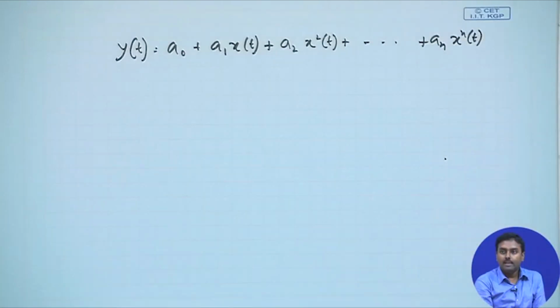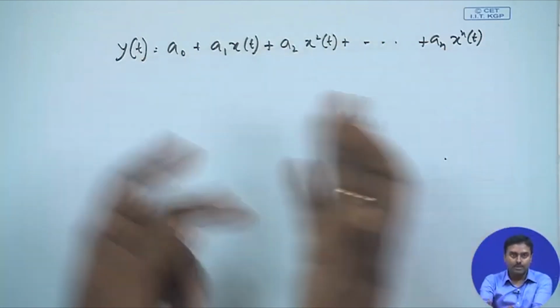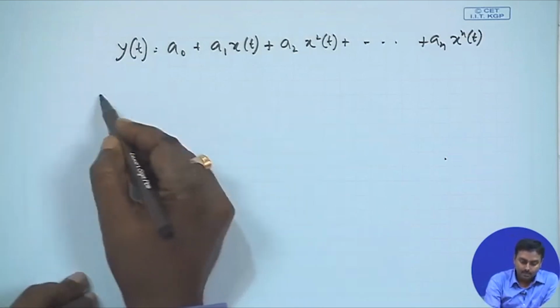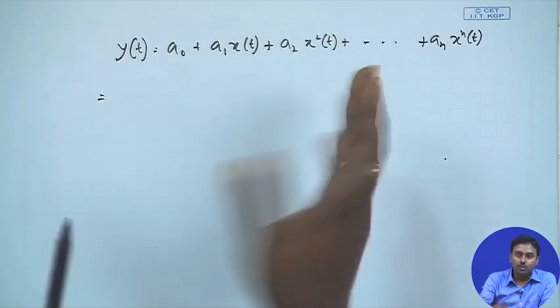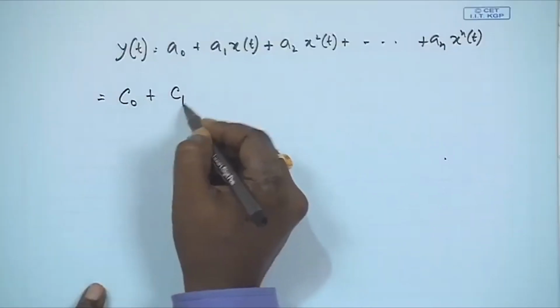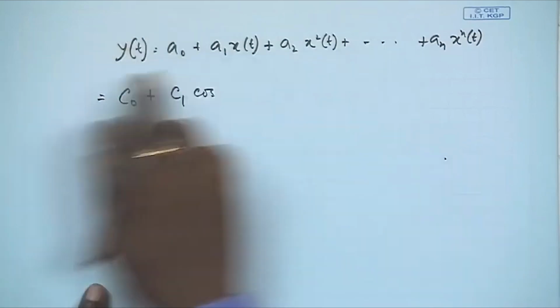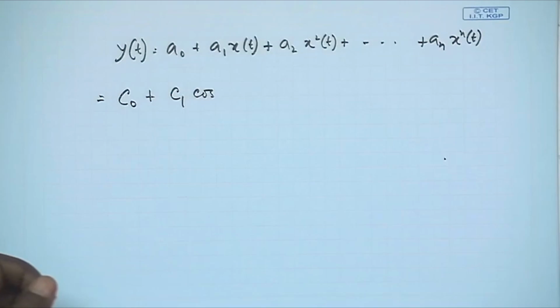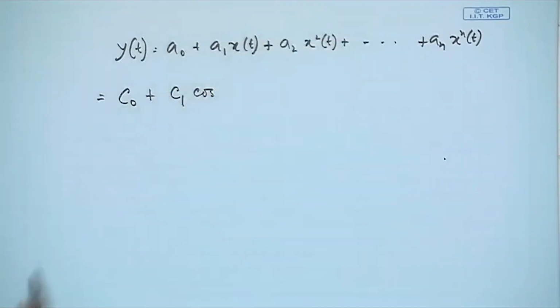Immediately if we put in whatever modulation we had and rearrange, there will be 2 of that whole theta t, 3 of that theta t, 4 of that theta t. I can write it as C0 plus C1 into cos. Of course, C0, C1 will have some dependency on A0, A1, A2, all those things, so there can be corresponding equations.